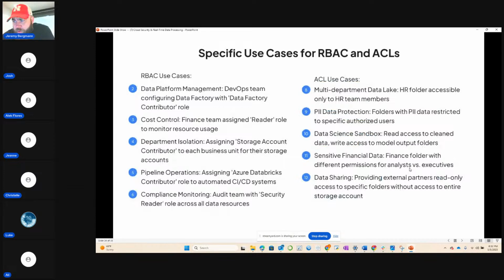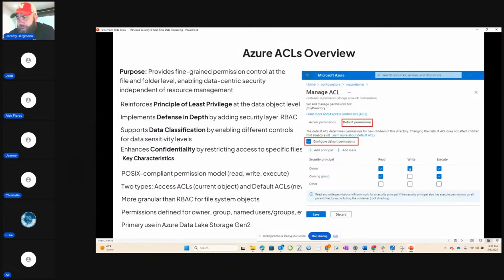If you've ever worked with Unix, and I don't know if that many people in this class would have, you can set different file permissions, read, write, execute, within files and file systems. What principles this follows is least privilege at the data object level. So even down to the file level, you can set these permissions.